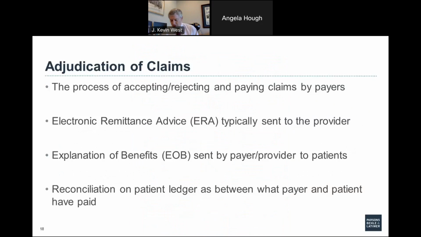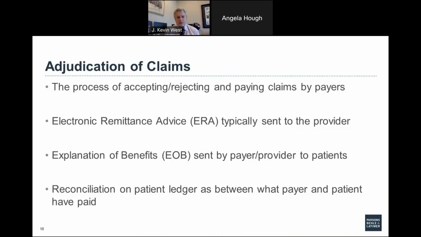Once a claim is submitted, the payer then must decide whether it is going to either pay the claim or deny the claim. And that process is referred to as adjudication. And the payer and the provider then initiate a series of documents.